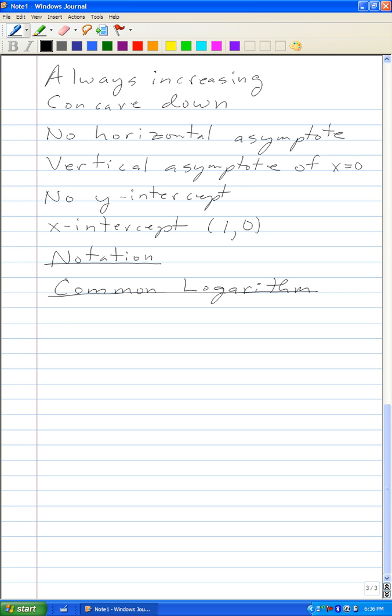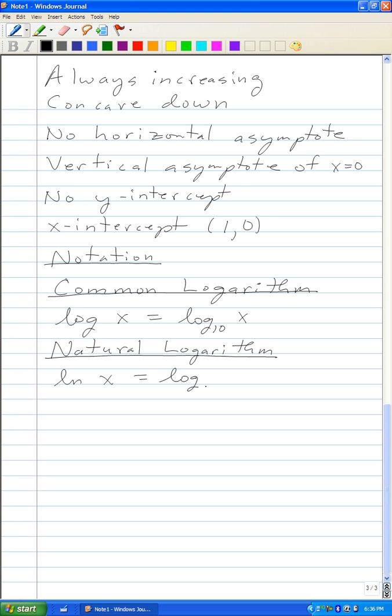And so the notation for that is just log. So if you don't see any base, the base is assumed to be base 10. On your calculator, you'll see it just has a log button, and that's just log base 10. The natural logarithm is denoted by ln. It is a logarithm where we assume that the base is base e, where e is that number we introduced in section 13.1.